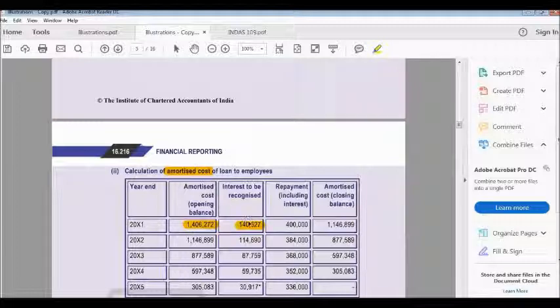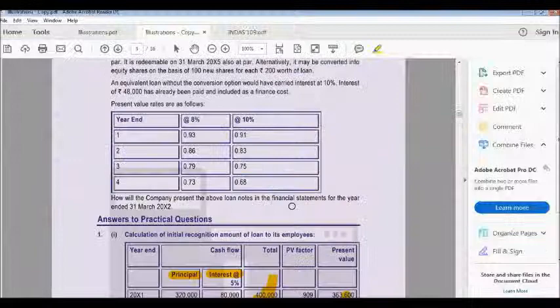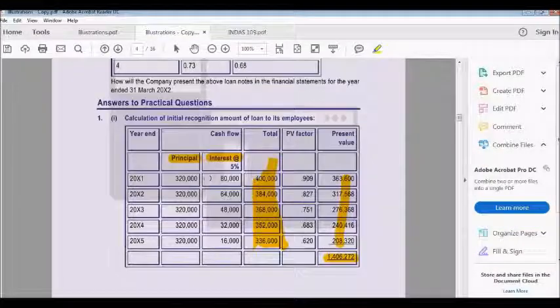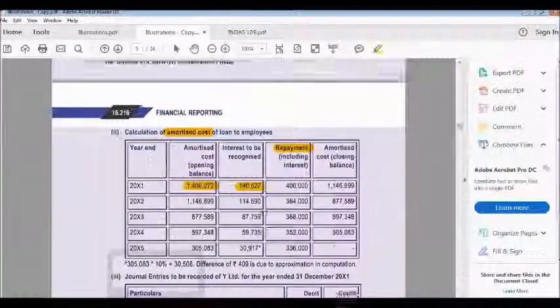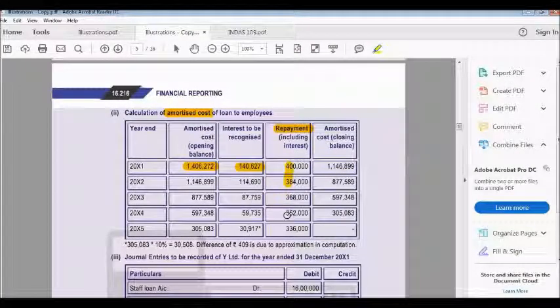So this will be 1,40,627, and then the repayment includes the principal and interest. So we have seen 3,84,000, 3,68,000. So this is the principal and interest component which the employee will pay to the organization.